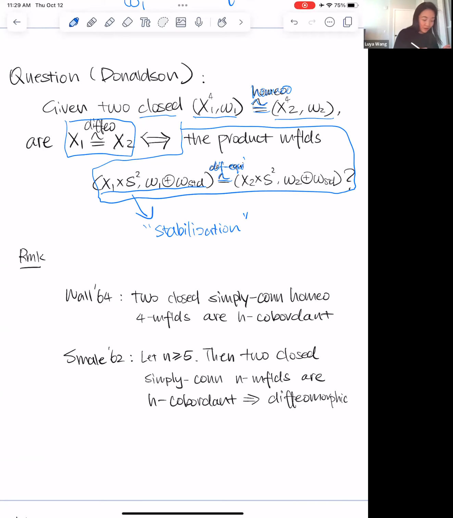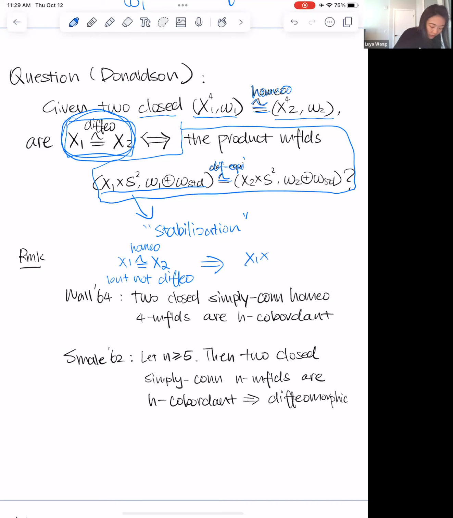You may already be wondering: if I have two non-diffeomorphic smooth four-manifolds, let me say X1, X2 homeomorphic but not diffeomorphic, why do I know X1 cross S2 is diffeomorphic to X2 cross S2?